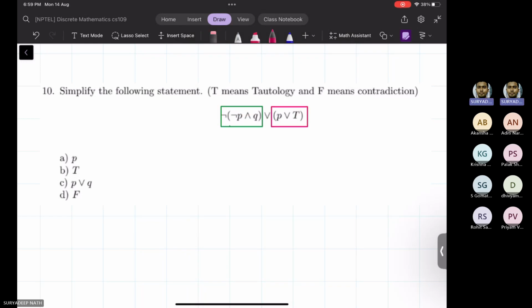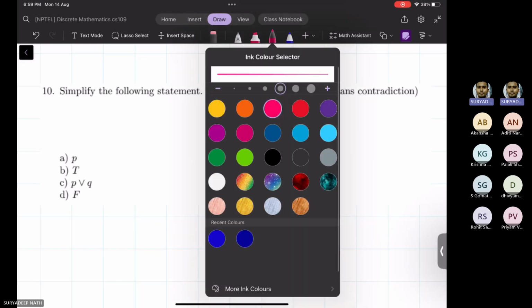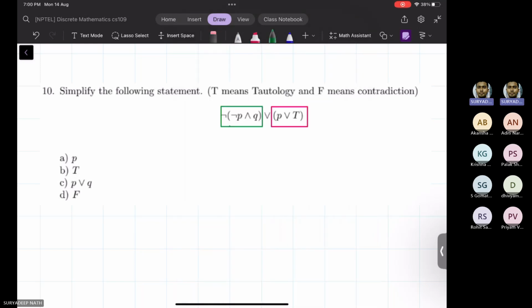Can anyone tell me what this is? You have the statements P and Q. So what do you think of this green portion? Is it always true or always false, or sometimes true, sometimes false? It can take both true and false values.